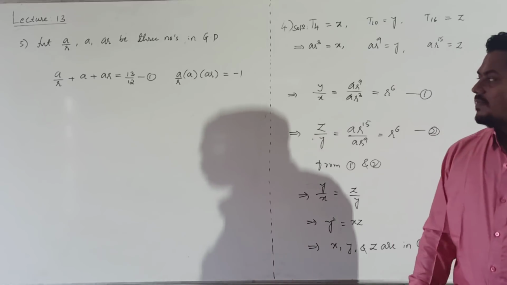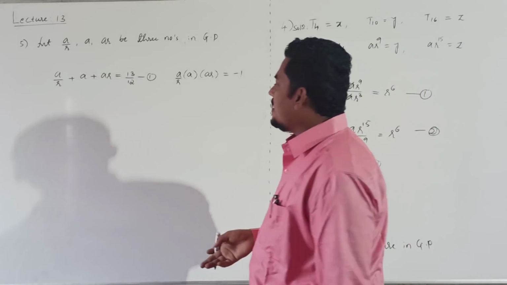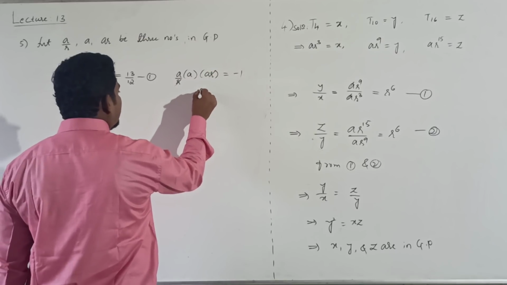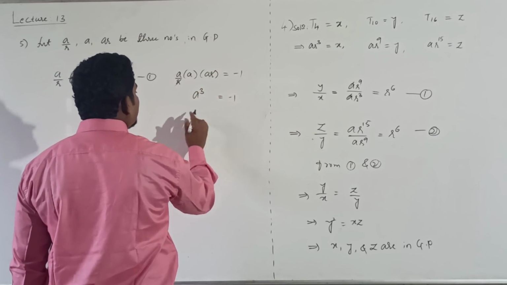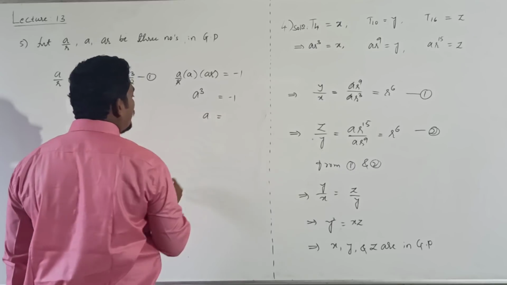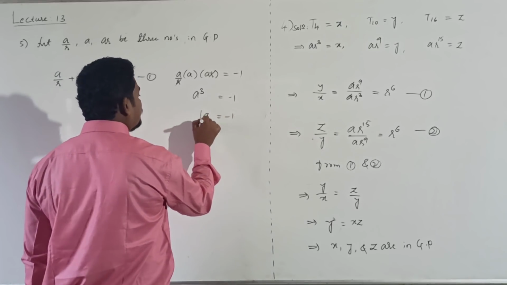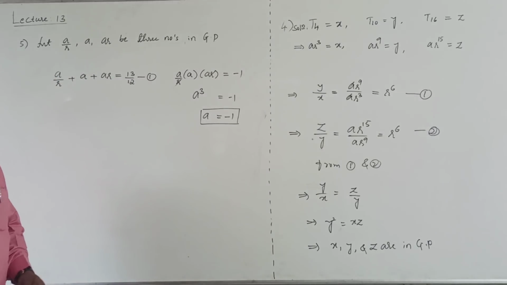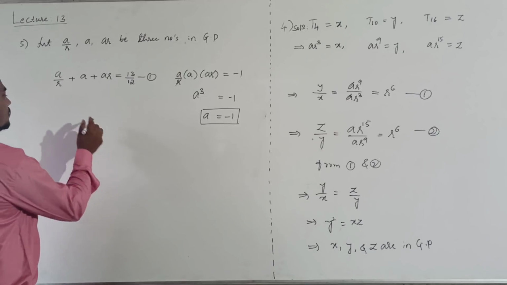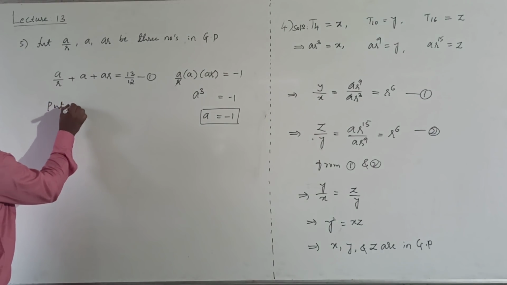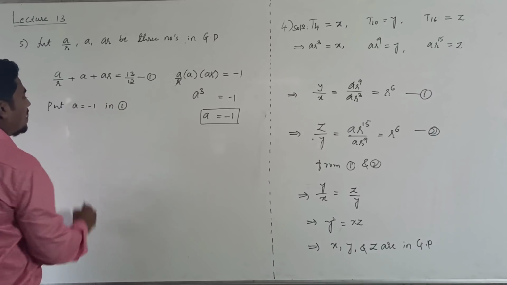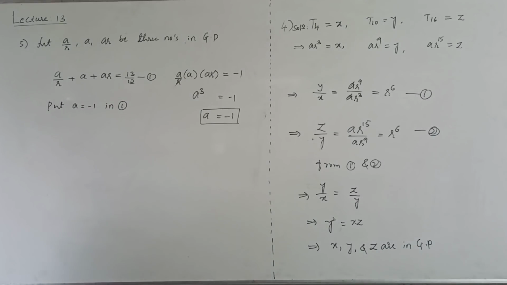Now R gets cancelled. A cube is equal to -1, then one of the values of A is -1. Put A is equal to -1 in equation number 1.